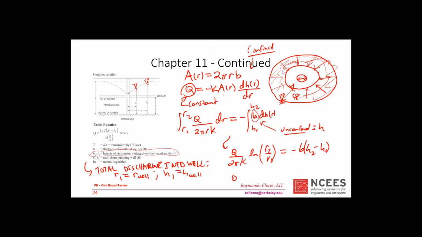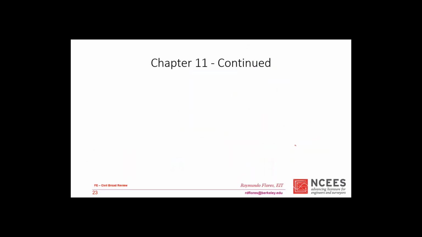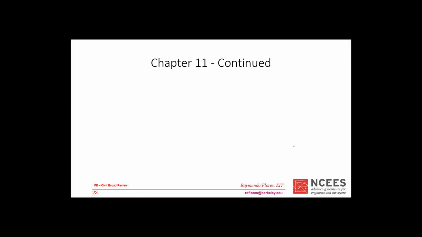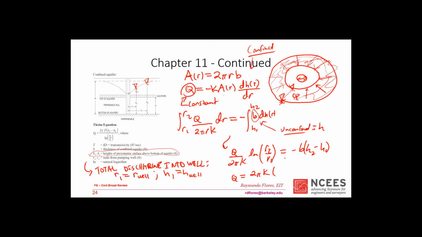As a result, Q is going to be 2 pi K times, or the minus can go away if it wants to. This is subjective, it depends on what you're looking at, I guess. But yeah, it's definitely minus, but this is technically plus because it's going in.